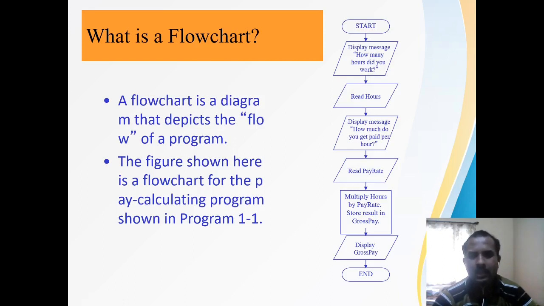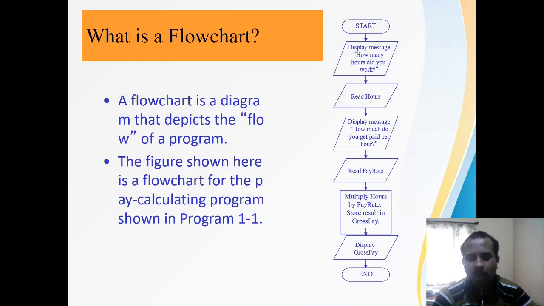You are taking the input, that is reading the hours, and you are reading the pay rate, that is an input operation. Next, again you are displaying the message, that is an output operation, and you are displaying the gross pay or gross salary, that is again an output operation. They are represented in the parallelogram.